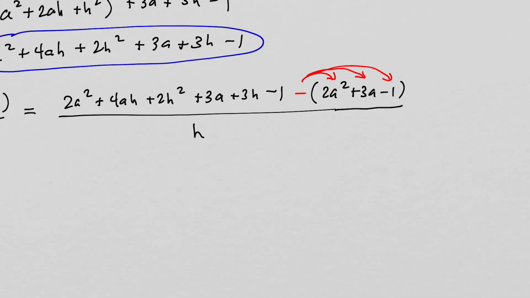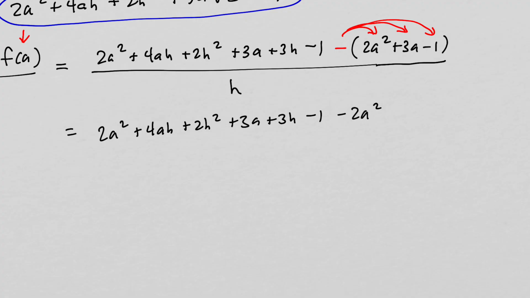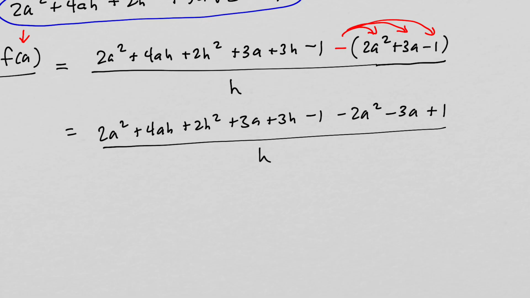So let's go ahead and do that distribution and simplify. So we're going to have 2a squared plus 4ah plus 2h squared plus 3a plus 3h minus 1, and then minus 2a squared minus 3a and plus 1, and then all divided by h.